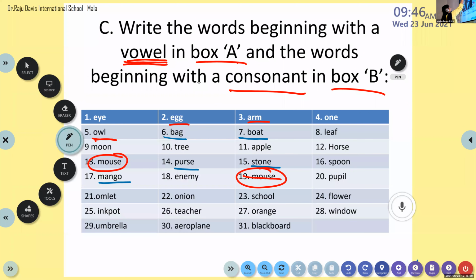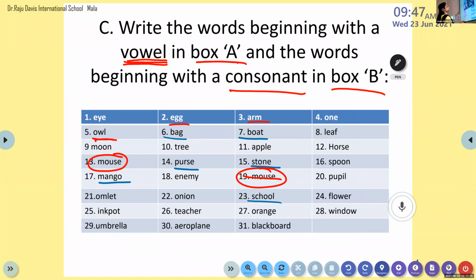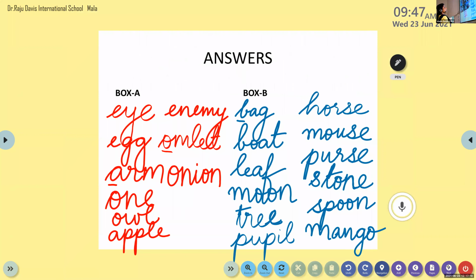Do the 23rd word. Yes, read the 23rd word. How do you pronounce it? School, yes, school. So in which box we have to write it? We have to write in box A or box B? Box B. Very good. So we have to write the word school in box B.